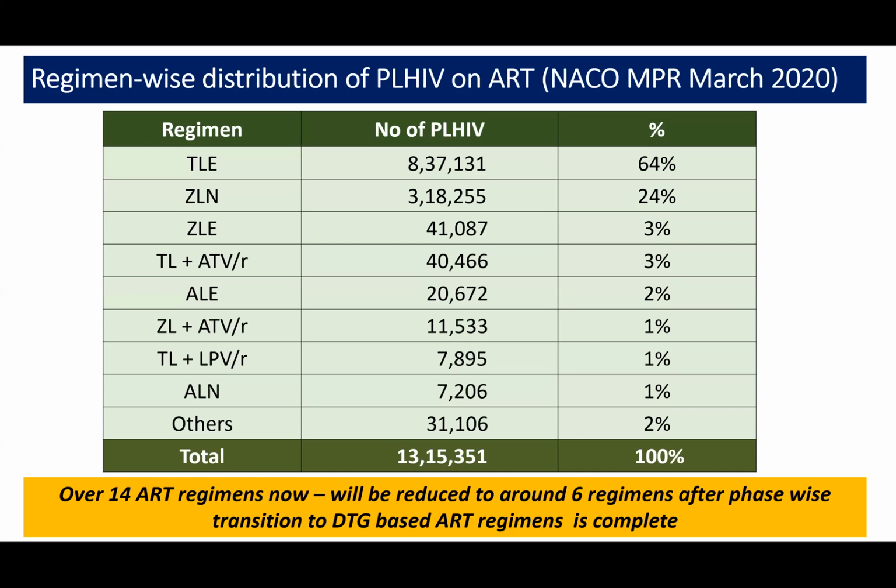Now in this particular phase, the ART centers have been asked to switch the patients from ZLN based regimen, that is this 24% patient group, to TLD based regimen. And obviously, if you have not received TLD yet, you will receive it very soon.